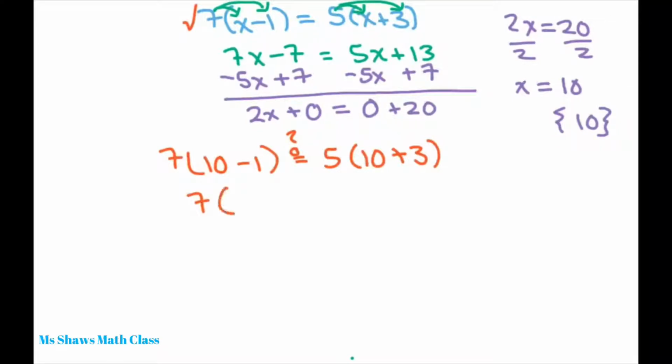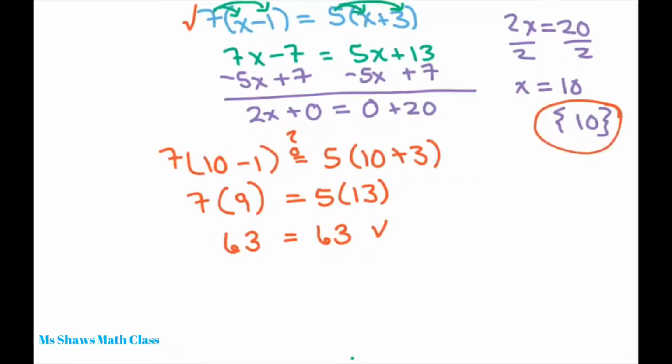So 10 minus 1 is 9. And then we have 5 times 13. So 7 times 9 is 63. And 5 times 13 is 63. So they do check out. So my solution set is 10.